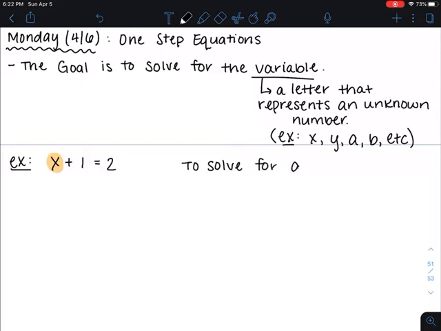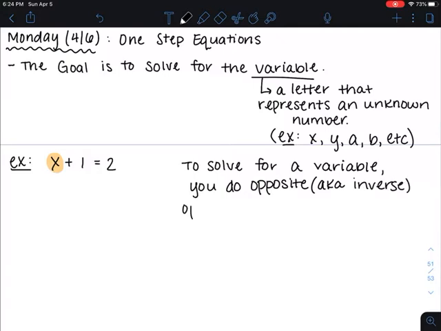But to solve for a variable, you do opposite, aka inverse, operations.